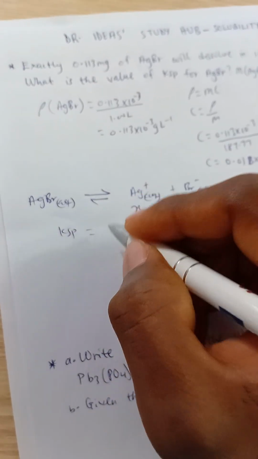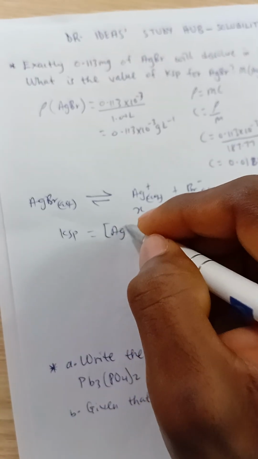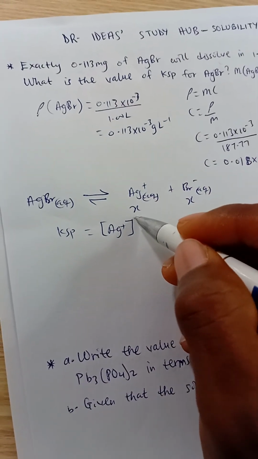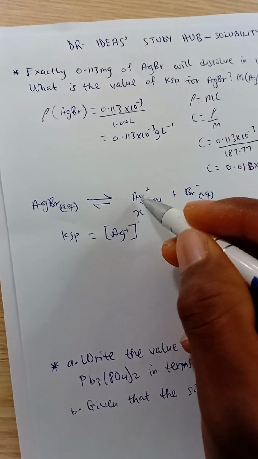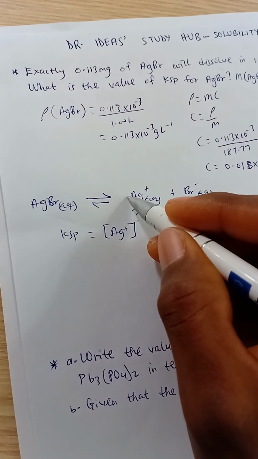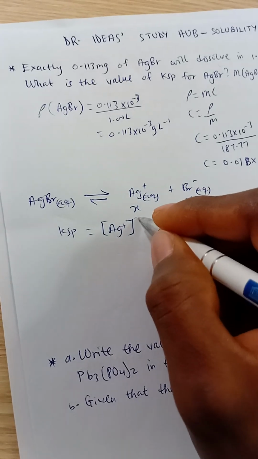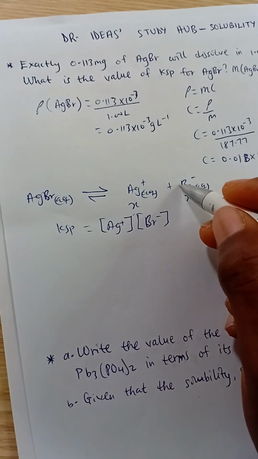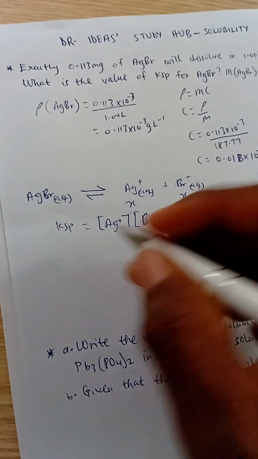So our KSP is equal to the concentration of Ag plus raised to the power its stoichiometric coefficient. The coefficient is just 1, so to the power 1. Multiplying the concentration of the bromide ions to the power its coefficient, which is also 1.